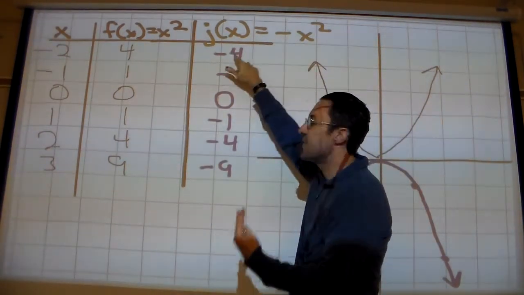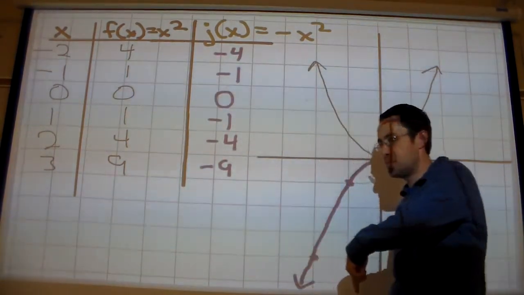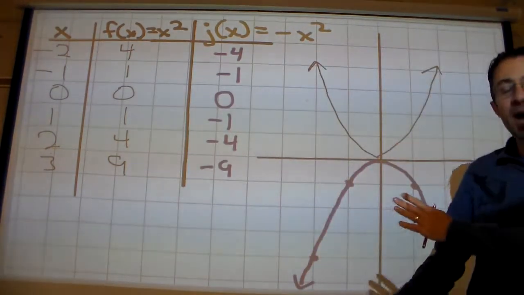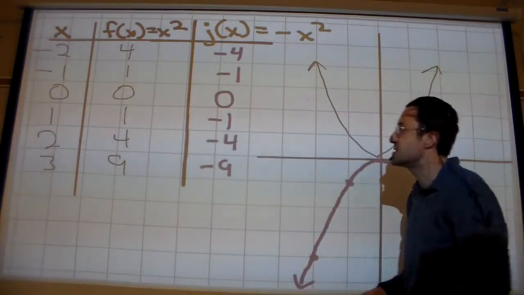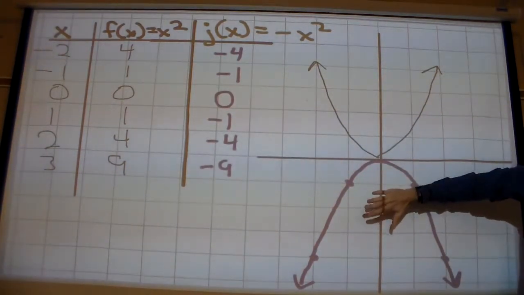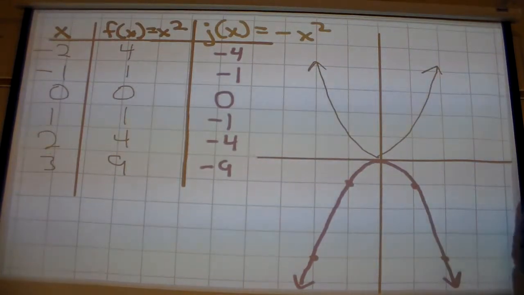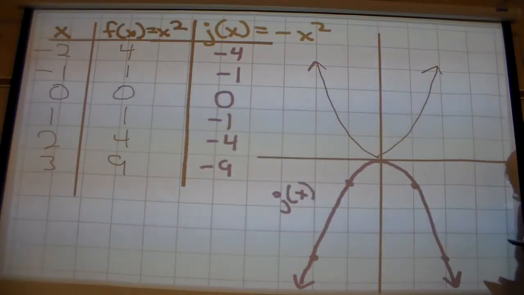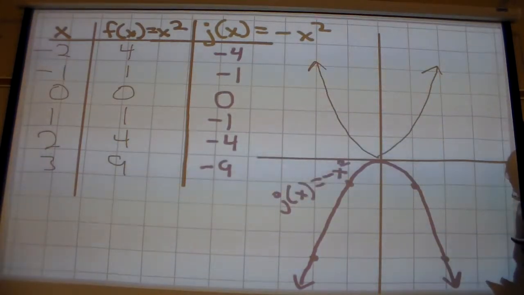Then we take the negative of that, becomes negative 4. So square it, which makes it positive automatically, then take the opposite. So this was our original function, now it's flipped down, it's facing down. So down here, we wrote j of x, which was negative x squared.